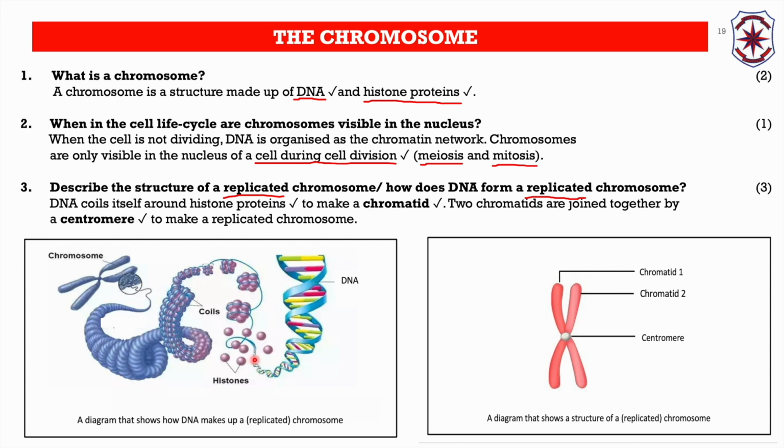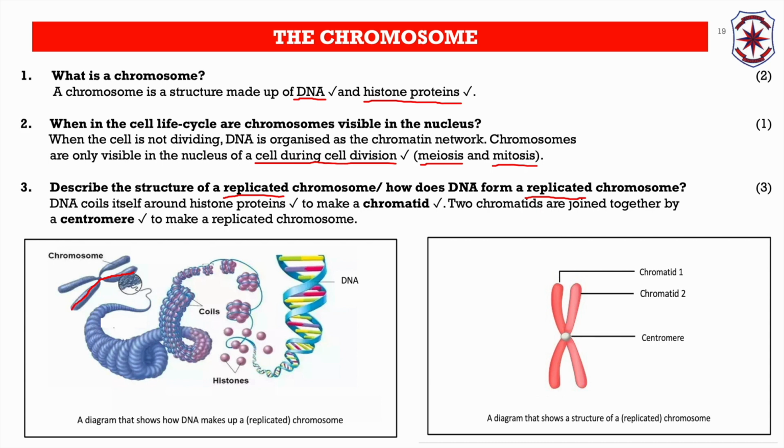So what DNA does is that it coils itself. It wraps around these histone proteins. It coils and recoils over and over and over again to form one chromatid. So this would be one chromatid. Okay?